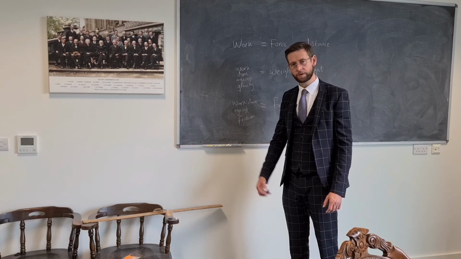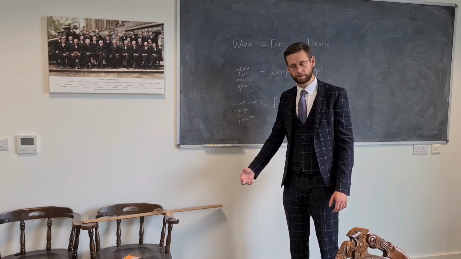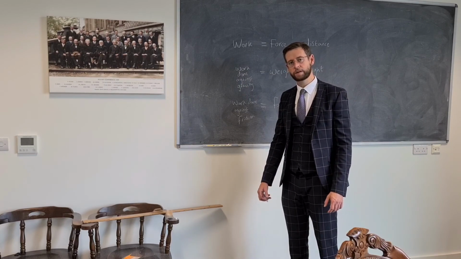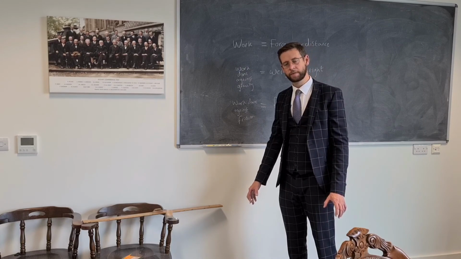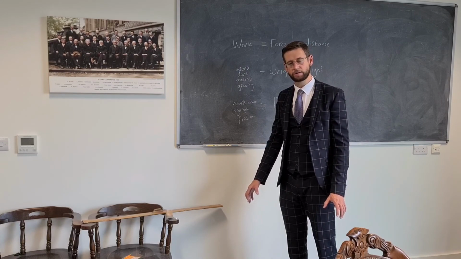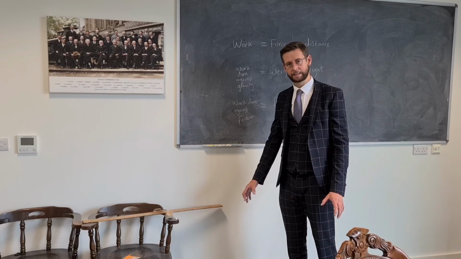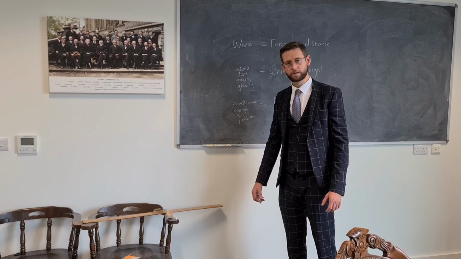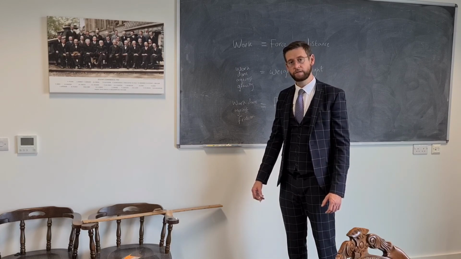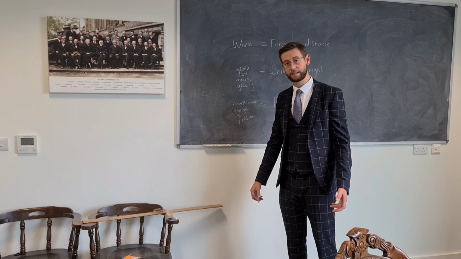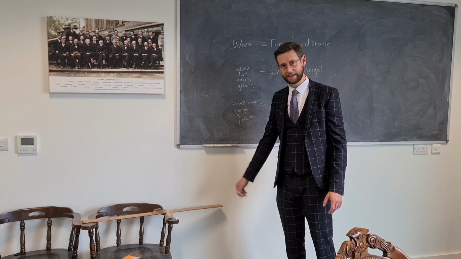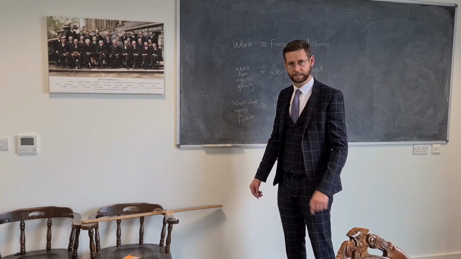Well, something dropped off a balcony will start to accelerate. It will overcome its natural resistance to changing its motion. And we call that resistance to changing its motion its inertia. Something dropped will try to overcome its inertia and will transfer all of the energy in its gravitational potential energy store into kinetic energy. And here is a further example.